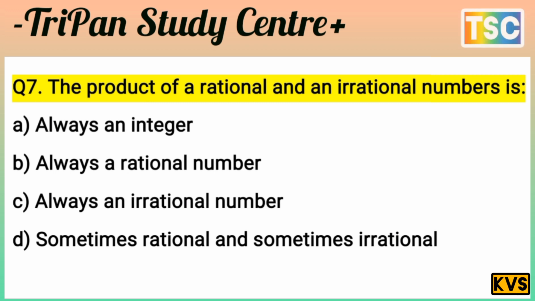Next: the product of a rational and an irrational number is. The question is clear here. The options are: A, always an integer; B, always a rational number; C, always an irrational number; D, sometimes rational and sometimes irrational.